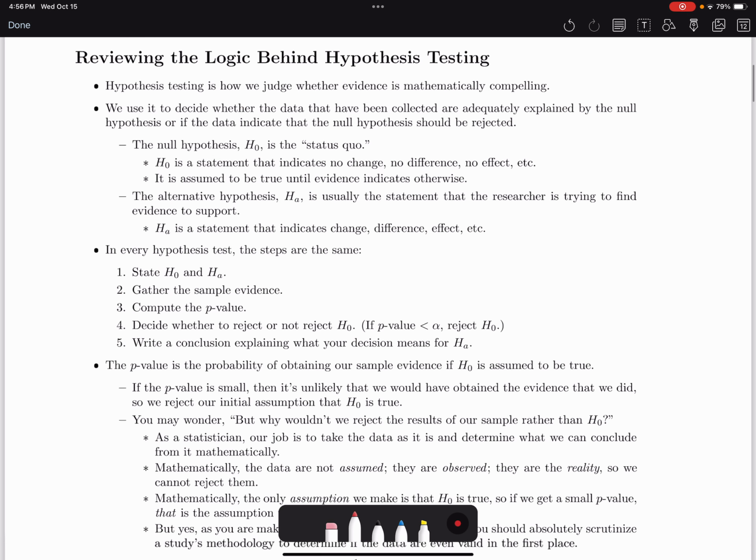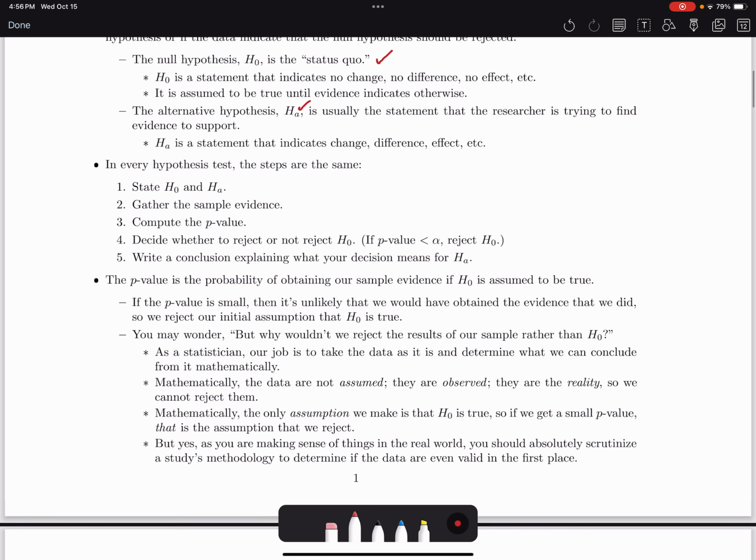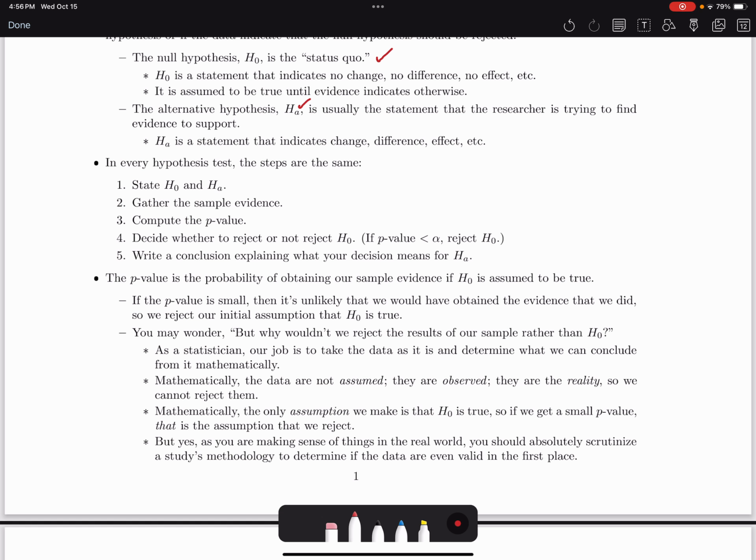Every hypothesis test is going to follow the same steps. So step 1, state your hypotheses. And then step 2 is to gather the sample evidence. Now, we can use that sample evidence to compute a p-value, which is the probability of obtaining the sample evidence that we obtained in step 2 if we assume that the null hypothesis is true.